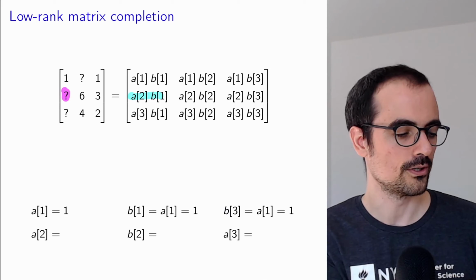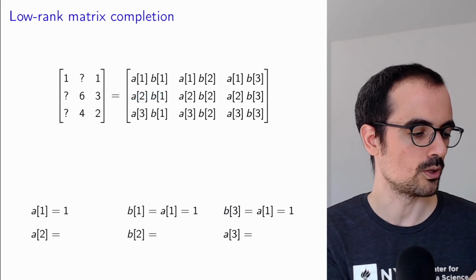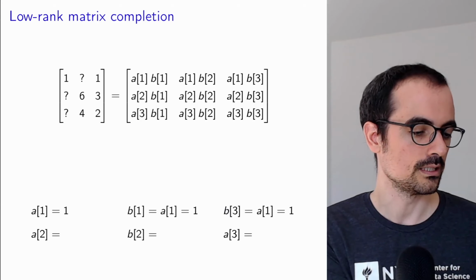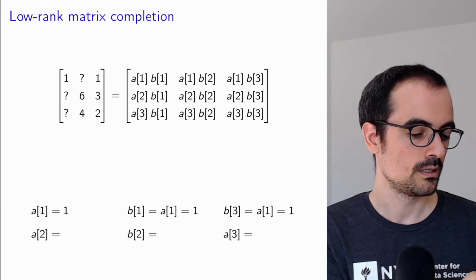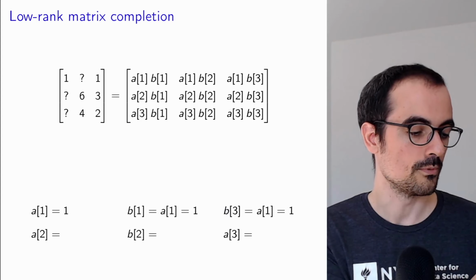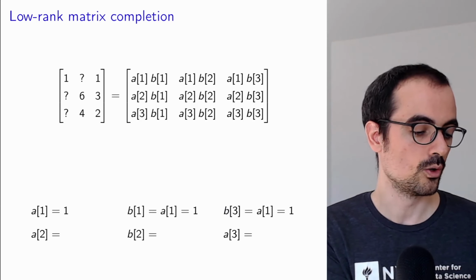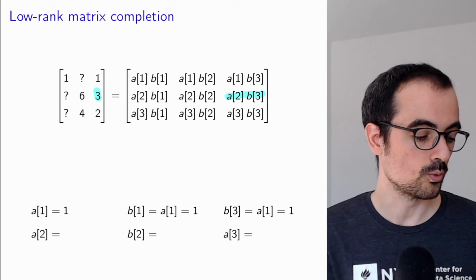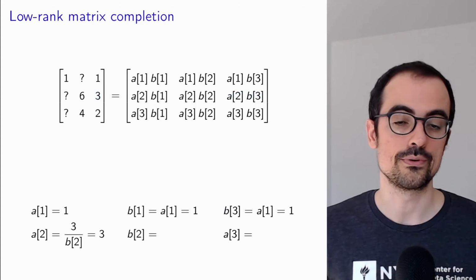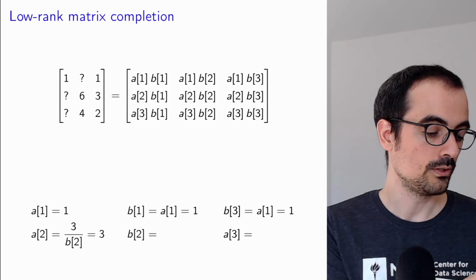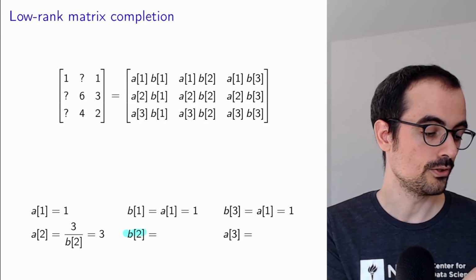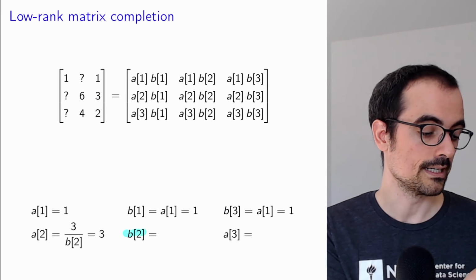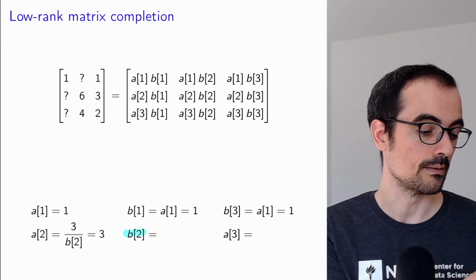We have to look for a place where we have all the information. So I'm looking for A2. I know B3 here, and this is equal to 3. I know that B3 is equal to 1, so this means that A2 is equal to 3. What about B2? I can use this, for example.